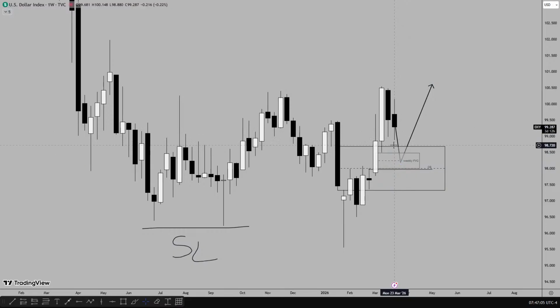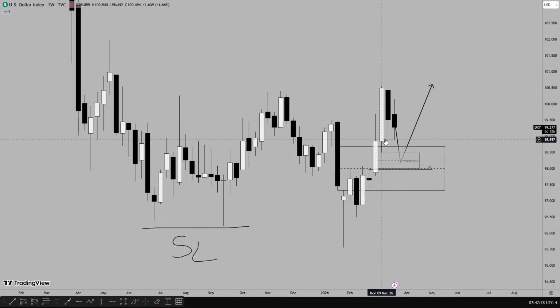But if price were to trade to the weekly inversion fair value gap and there is a shift in structure on the daily time frame, then you can still anticipate a continuation trading higher around the swing high. Now, would this be classified as a high probability setup? I will say no, because look at the idea.